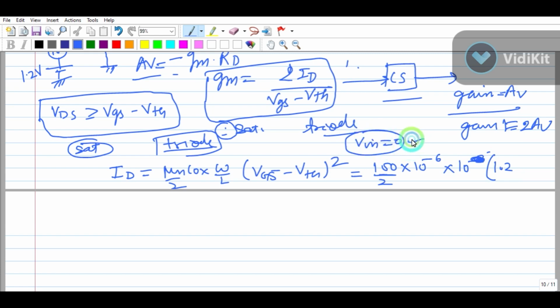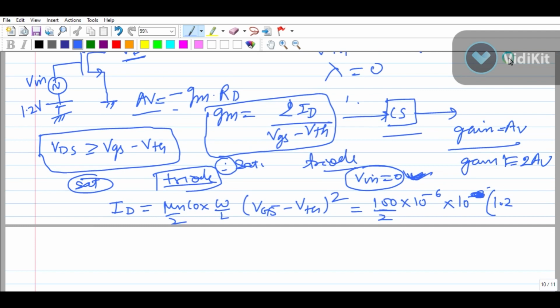Okay, since we are calculating the biasing, consider V in equal to 0 and calculate. So VGS is nothing but 1.2. See, this is VGS. If V in is 0, then VGS equal to 1.2. Okay, so now what is VTH? VTH is 0.5, then square.